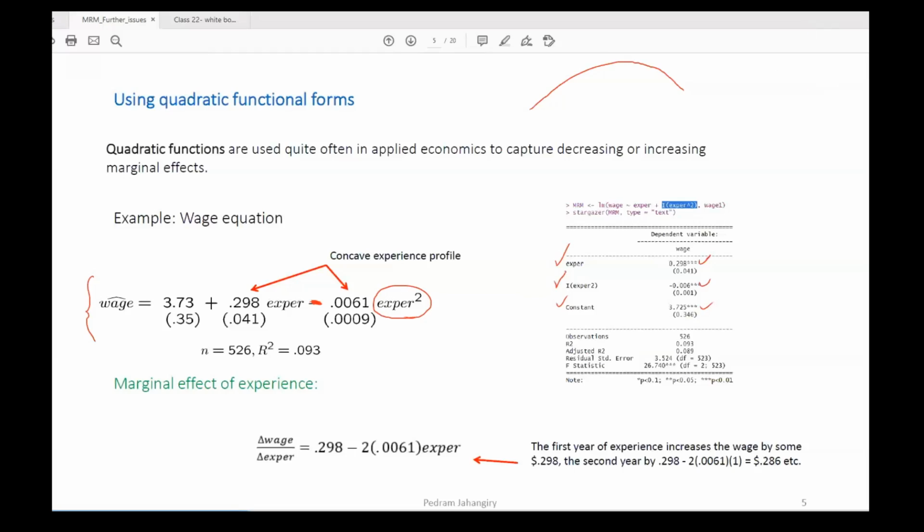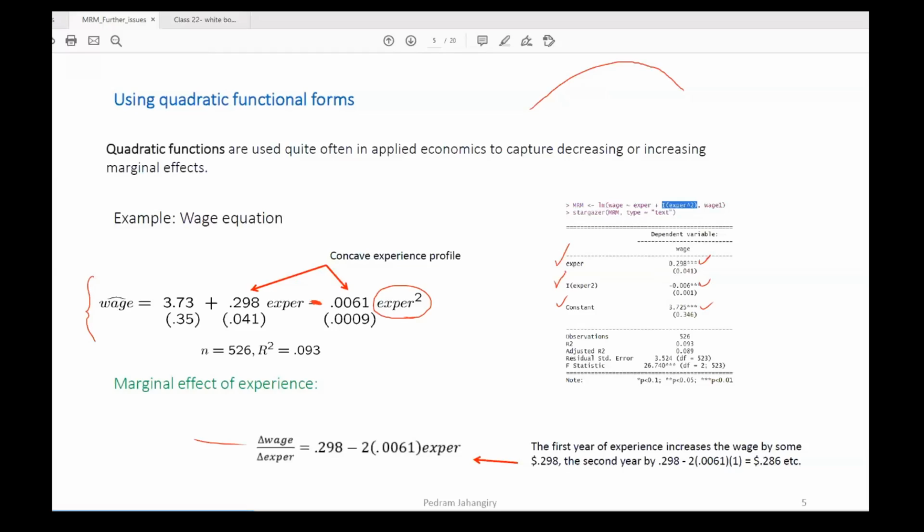So in order to answer that question, we have to first calculate the marginal effect of experience. And I think I've said this before, that when the explanatory variable on the right-hand side comes in different functional forms like x squared, x cubed, x1 multiplied by x2, things like that, whenever you want to interpret the coefficients, you have to take the derivative, right? So we have to take the derivative with respect to experience and then try to interpret that.